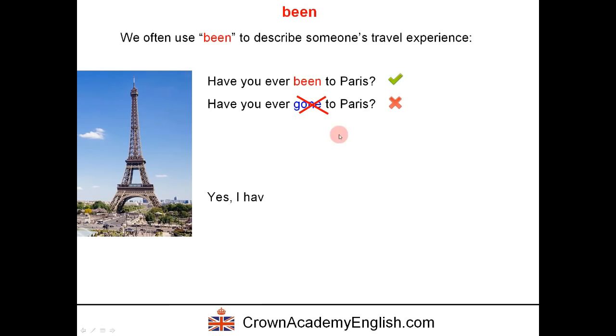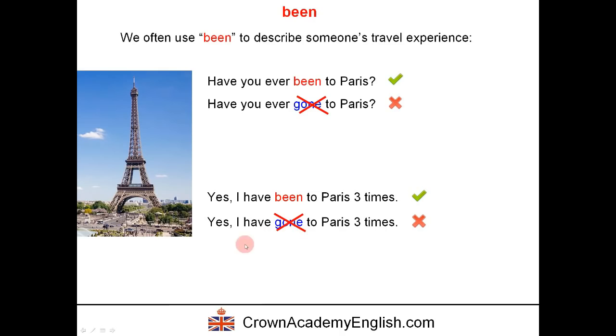Okay? And to answer this question, we say, yes, I have been to Paris 3 times. Or, yes, I have already been to Paris. Okay? So we use been, again, obviously, in the answer. But we do not use gone. We do not say, yes, I have gone to Paris 3 times.